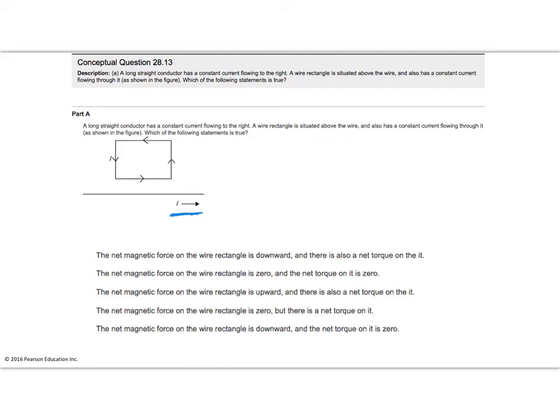And basically they want us to look at the force acting on each side of the loop in order to figure out what the net force is, and also to figure out if there's any torque on this loop.